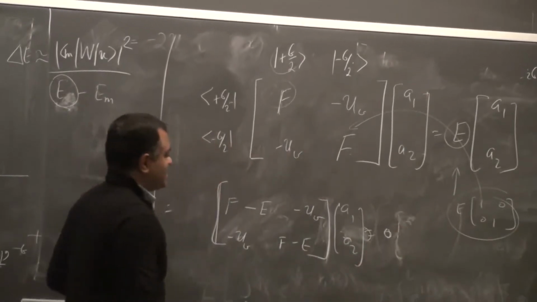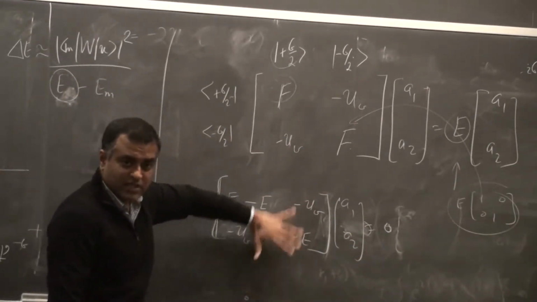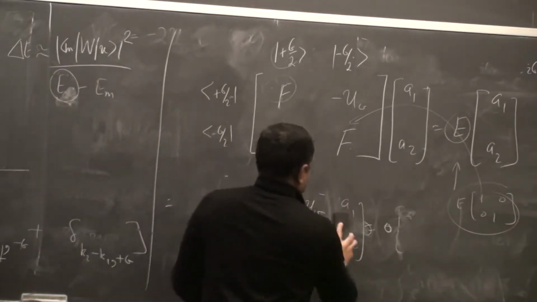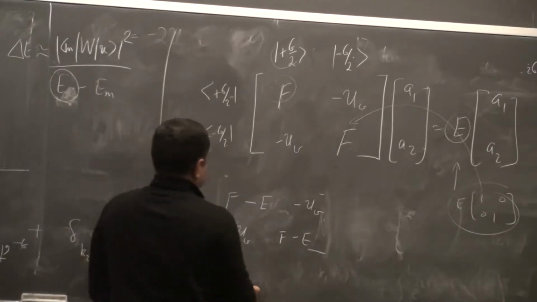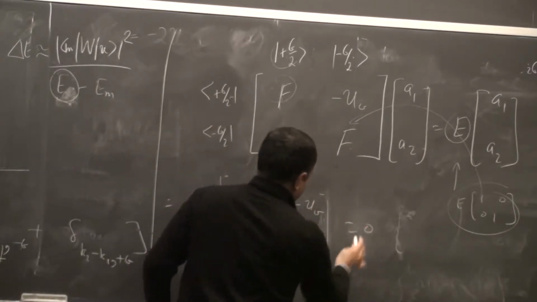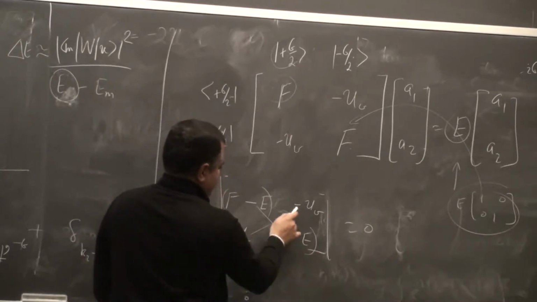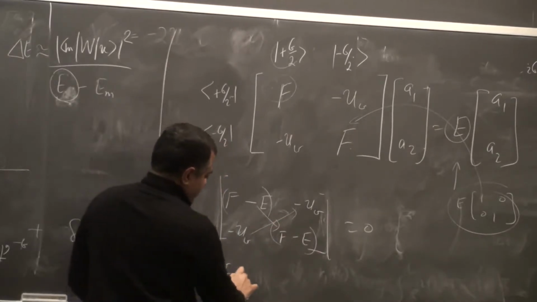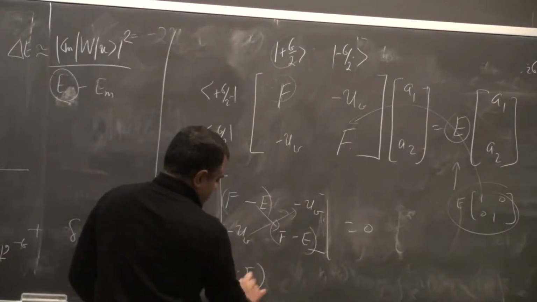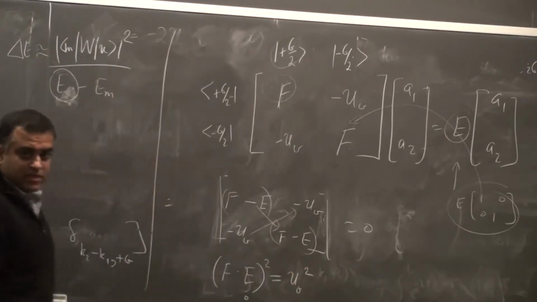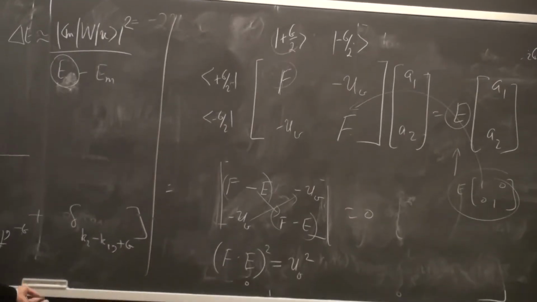And this is only true if the determinant vanishes, right? So that's what we're doing here. The determinant is equal to 0, and it's easy because you do that times that minus that times that, so f minus e whole squared is equal to ug squared. That's the solution, or rather that's the answer.